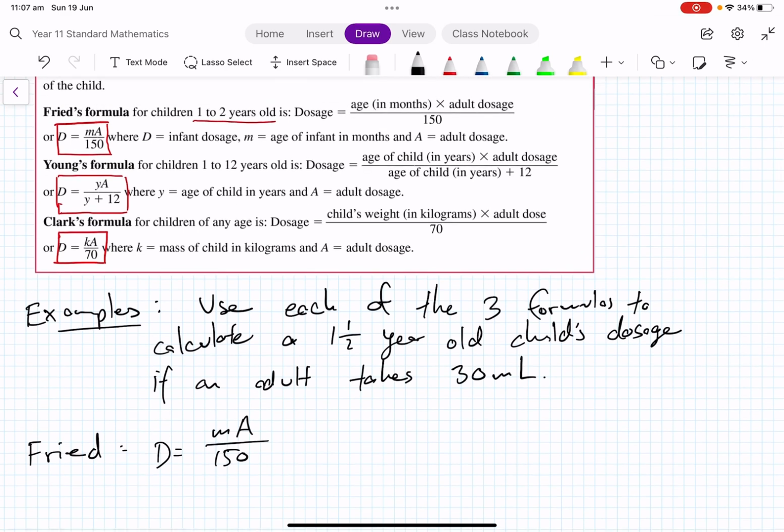So it's age in months. So 1.5 years is equal to 18 months. That may be helpful to know.